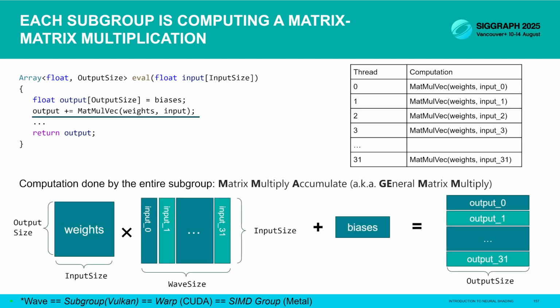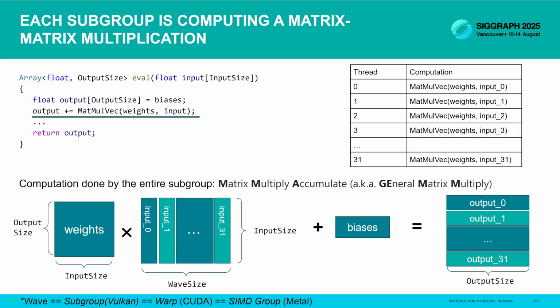This means that if you look at what is being computed across the entire wave, we're effectively computing a matrix-matrix multiply, where the weights matrix is output size by input size, and the input vectors from all the threads form another matrix whose size is input size by wave size, which is 32 on NVIDIA GPUs.